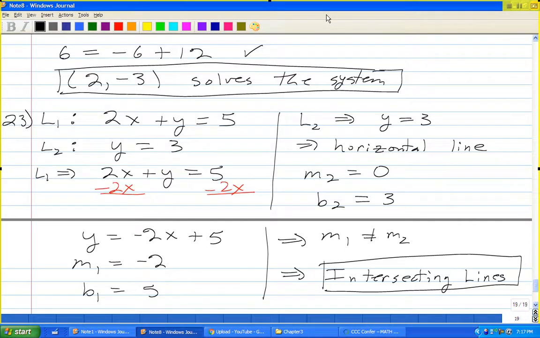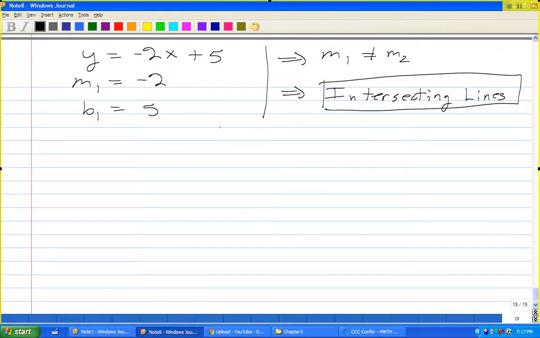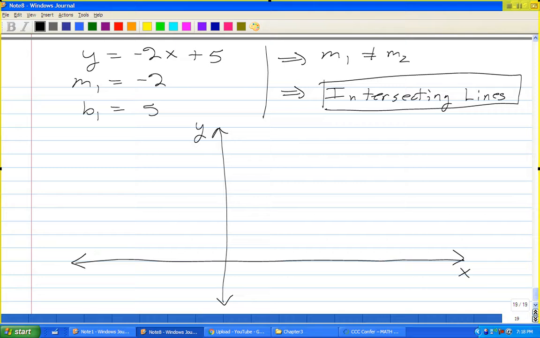So let's draw. Okay, so the y-intercept is 5. 1, 2, 3, 4, 5.